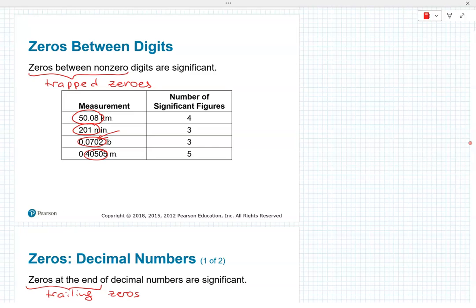No, only one. This is the only trapped one. Okay? Here's what I'm going to do right now. I'm going to make up a number. Okay? So how many significant figures?